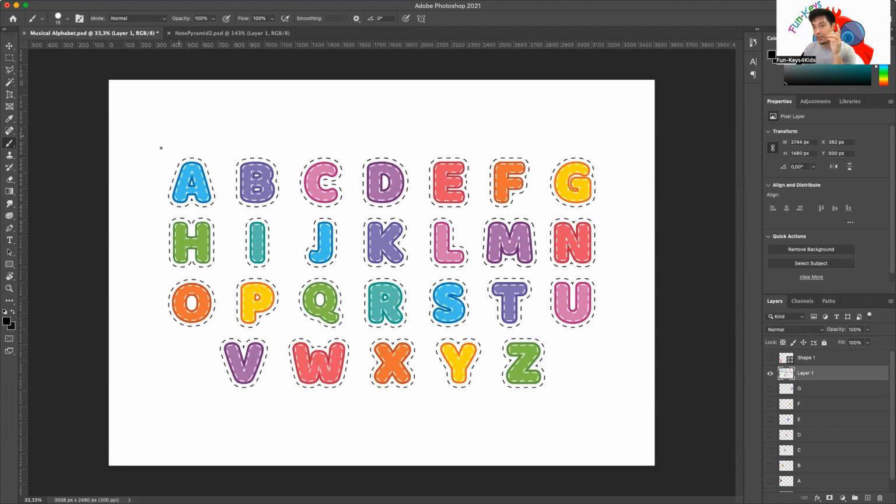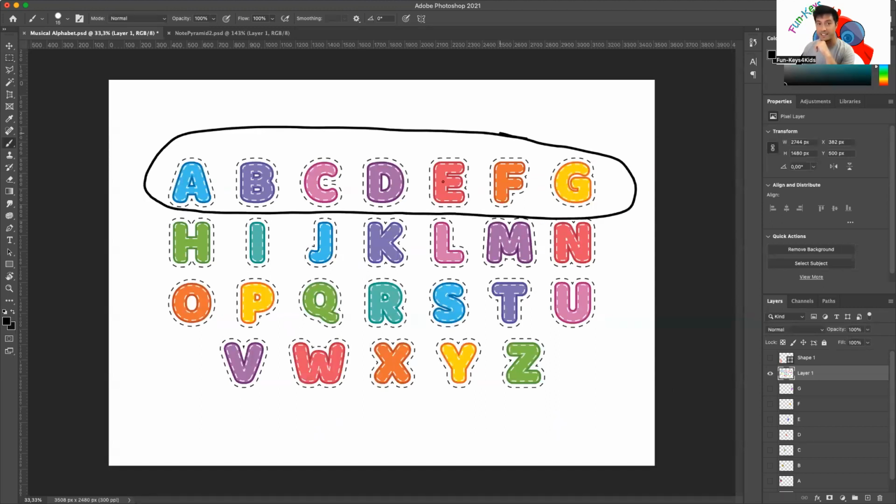You don't have to learn all of it for music. Only this first line up here. Isn't that easy, right? So it's only A, B, C, D, E, F, and G. And then it starts again. It repeats. A, B, C, D, E, F, G.